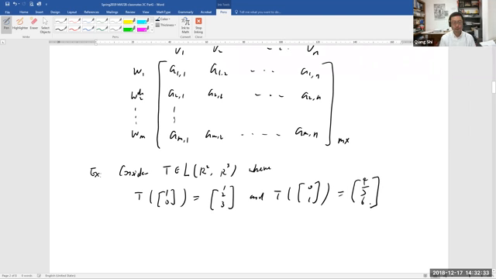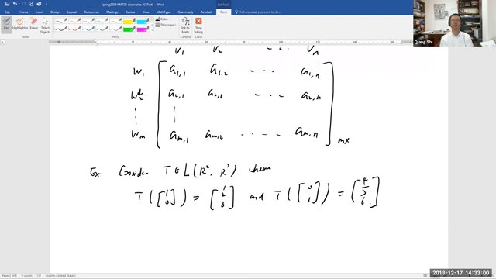So we do not actually define a T by a general formula. We just say this T is linear from R2 to R3, and we know the information of how T acts on a basis. This is the standard basis of R2, right? We know T of (1, 0) is (1, 2, 3), and T of (0, 1) is (4, 5, 6).